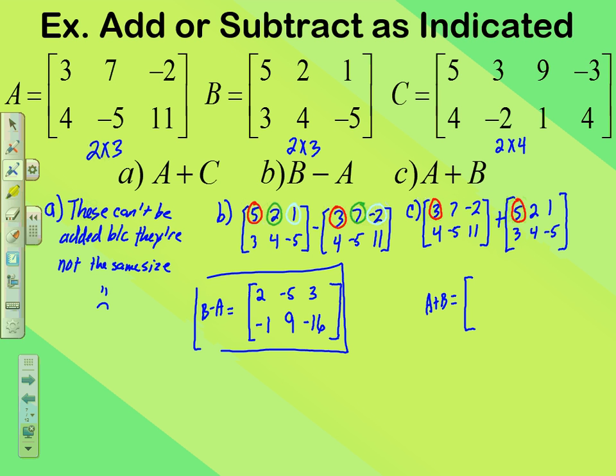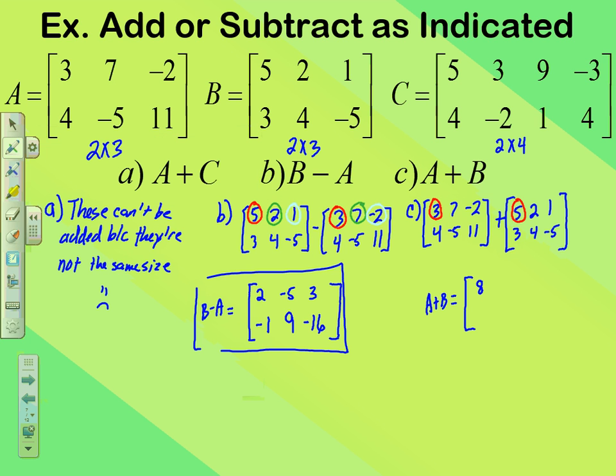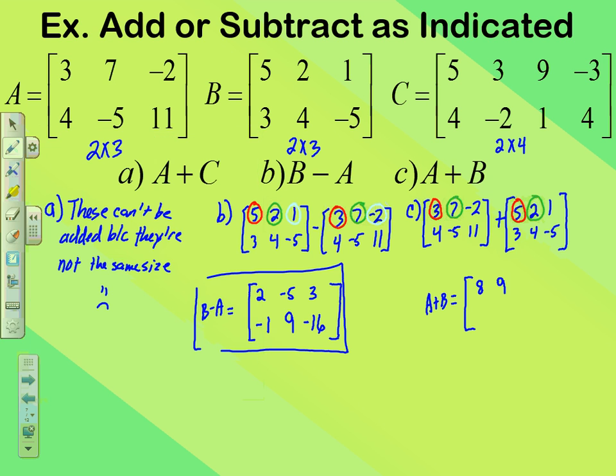So the 3 plus a 5 will give me an 8. All right, and let's pick another color here. What did we do? Green last time, so let's do the same thing. The 7 here and this 2 here, those are going to combine together. And so 7 plus a 2, that'll give me my 9 for my next element of the first row. And this will be the last color-coded thing that I do.